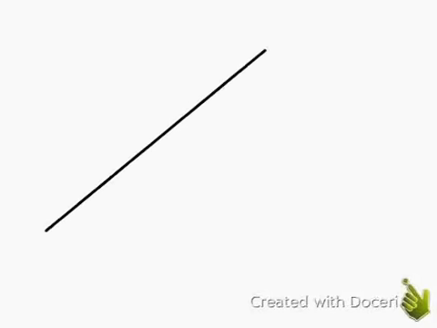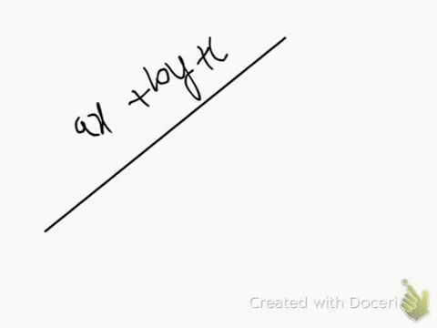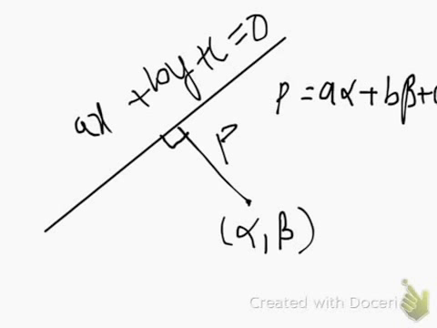Let us suppose that we have a line here, ax + by + c = 0, and we have a point here, say (alpha, beta). Then there will be a perpendicular here, let its distance be called p. Then this p will be equal to (a alpha + b beta + c)/√(a² + b²).